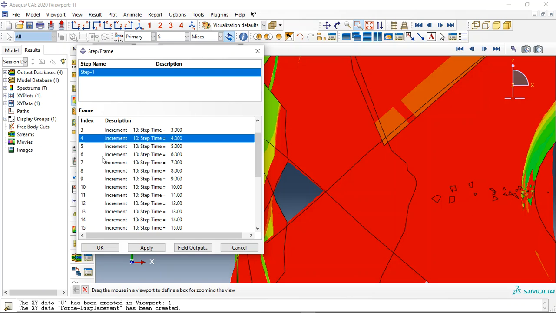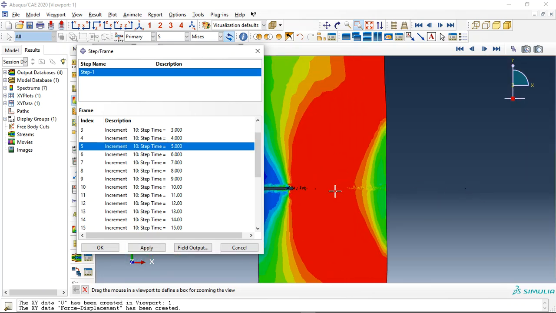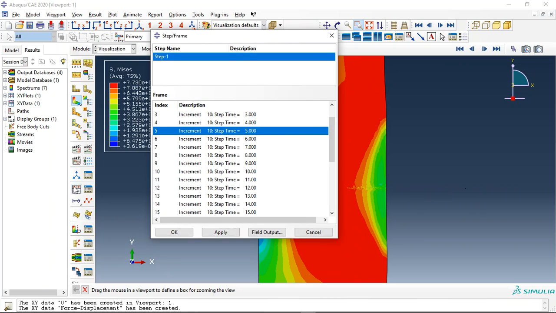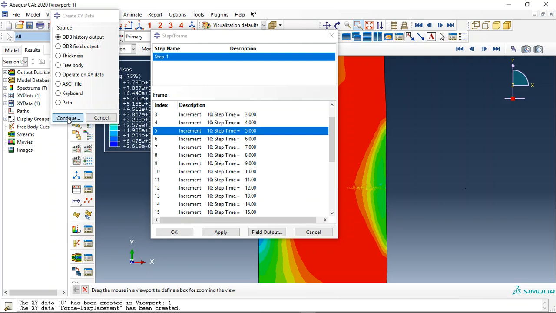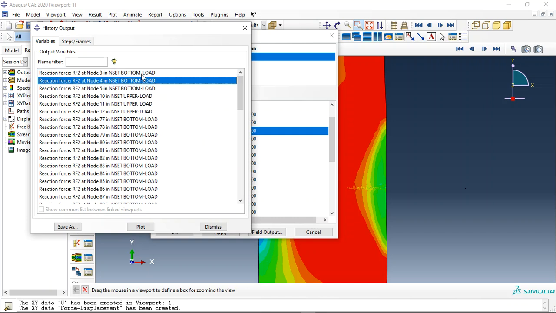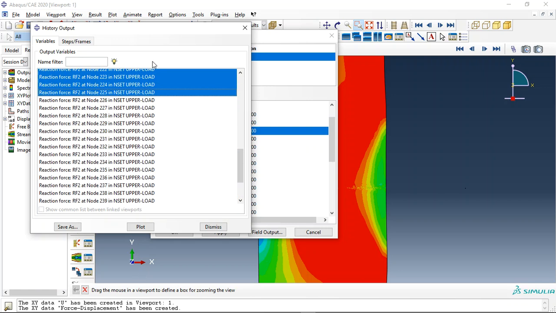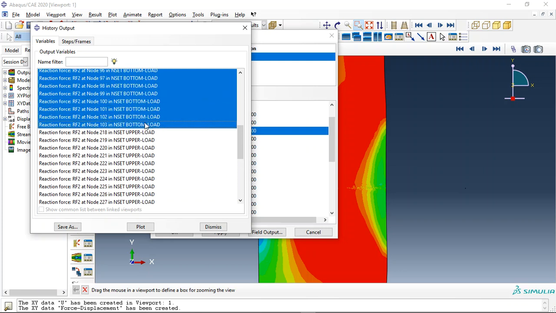You can also draw the hysteresis diagram by using this. For instance, history output reaction force for the upper side or bottom side, no problem.